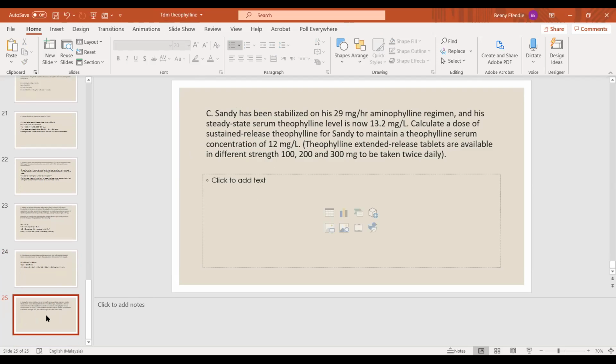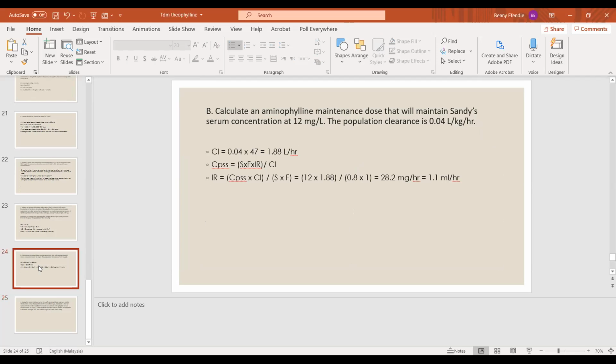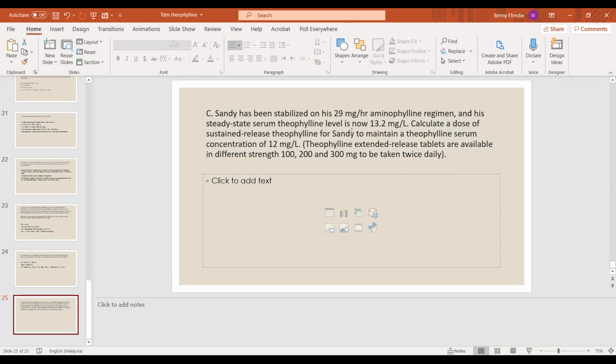Okay, the last slide that we have: Sandy has been stabilized on his 29 milligram, so we calculated 28, right? 29 milligram per hour aminophylline regimen, and his steady state serum is now 13.2, because we take a bit higher one, you see.